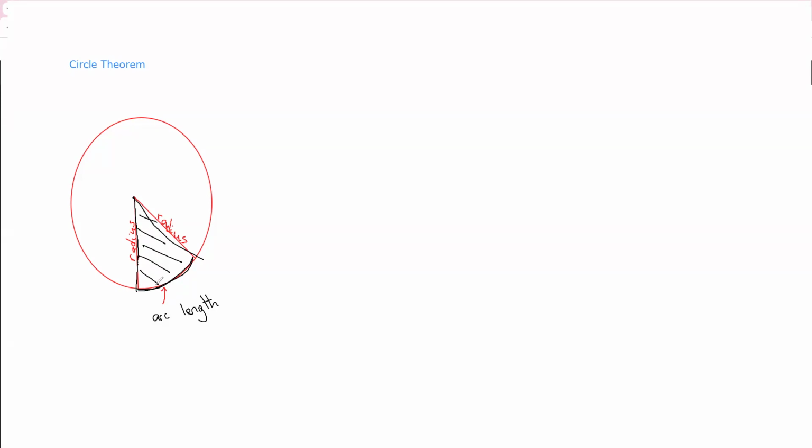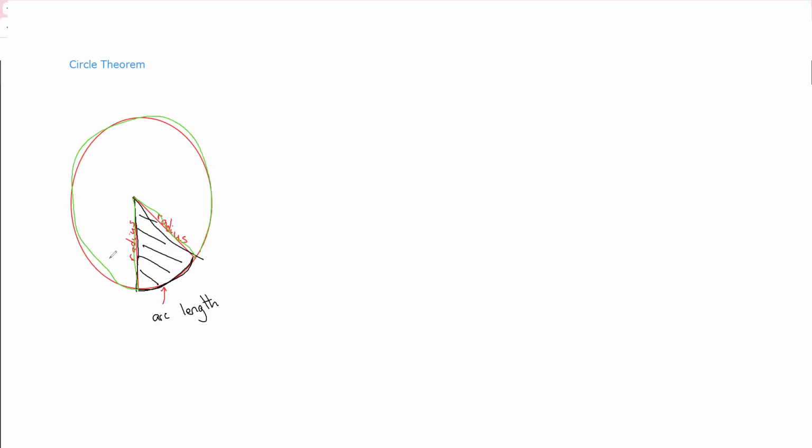Now, if I remove this slice, I also have a sector on the other end, because I have a radius on this side and another radius on this side, bound by an arc length.